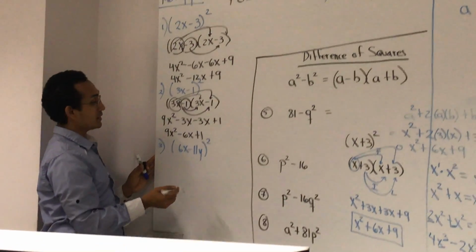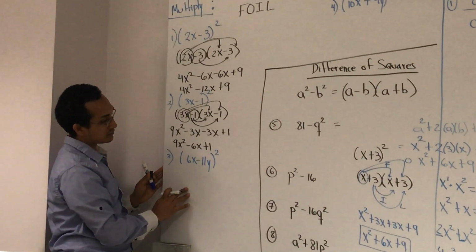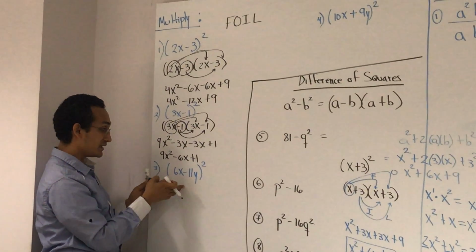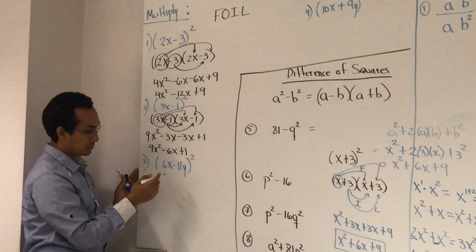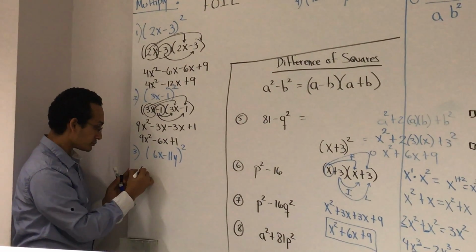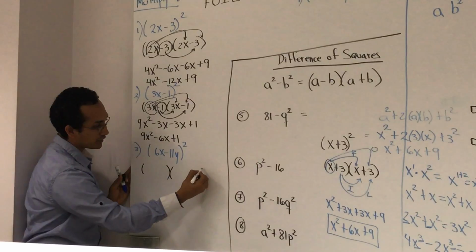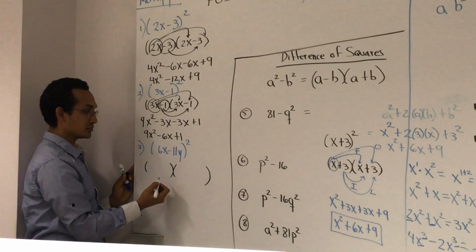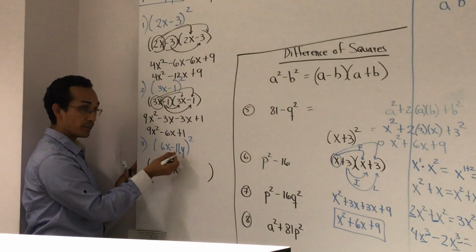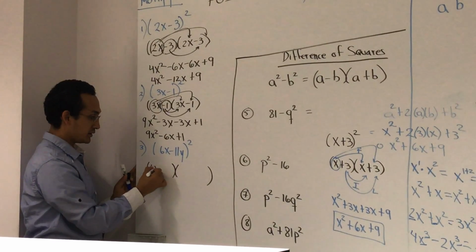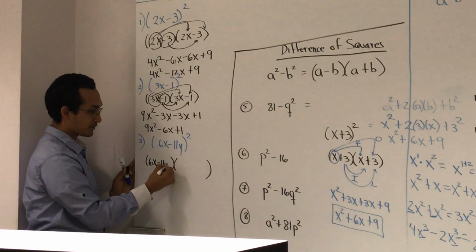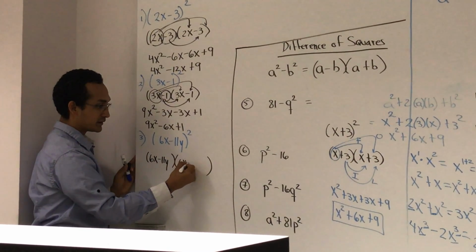Still too challenging? This is more challenging, but we can still do it. So, maybe for an introduction. So again, copy paste, 6x minus 11y, 6x minus 11y.